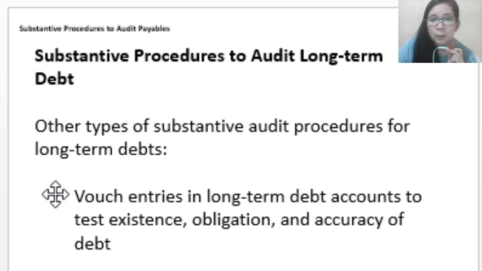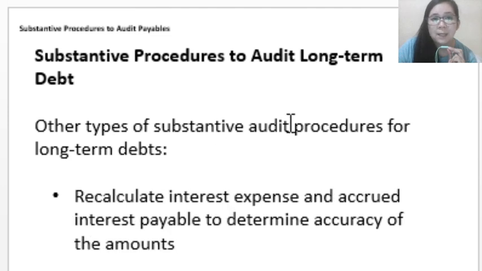Next, the auditor can also vouch entries. Vouching is where the auditor will start from the records of the entity and then go through the source documents to verify the existence, obligations, and accuracy of the long-term liability account.